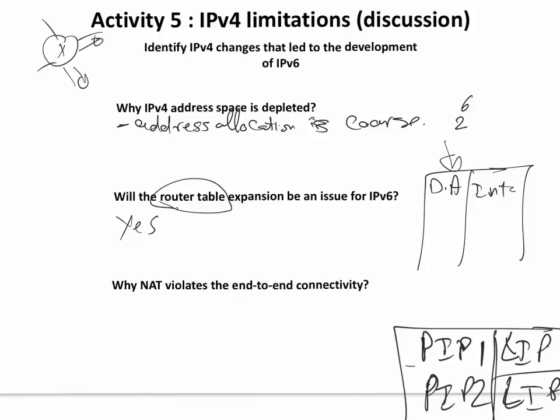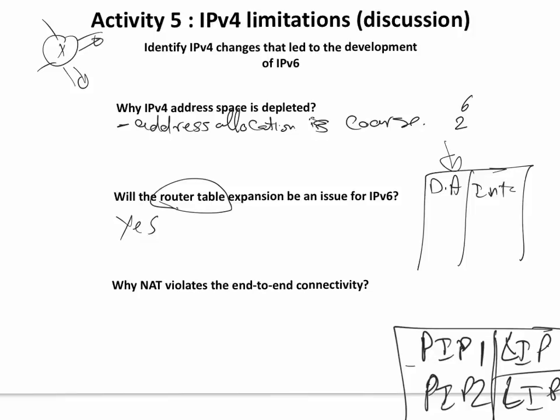Why? Because the number of hosts per network will increase, but not necessarily the number of networks. And this is what people expect in the future. Each one of us is going to have probably more than 10 or 20 devices. So your glasses are going to be connected to the internet. Your clothes are going to be connected to the internet. You will have lots of devices.